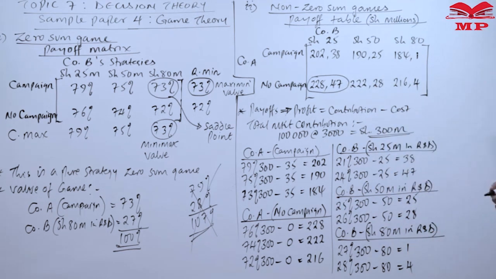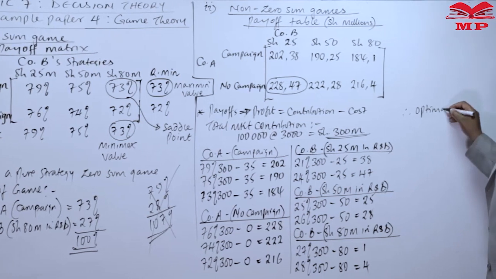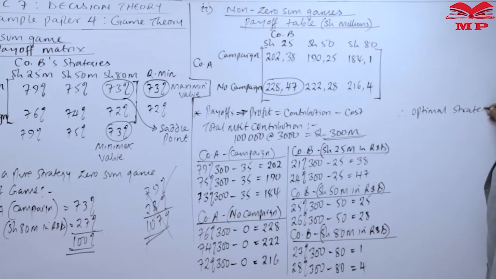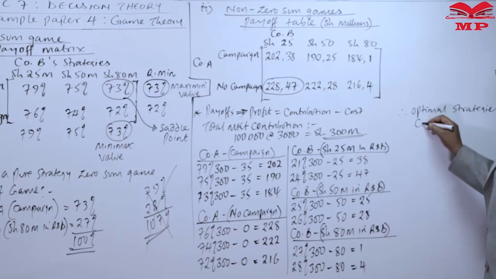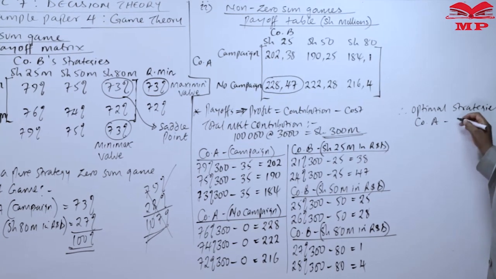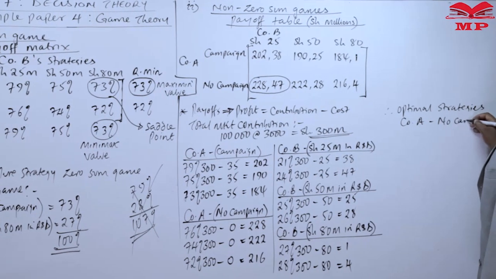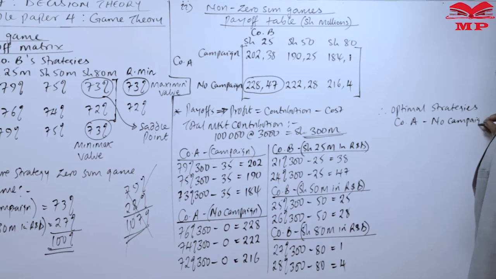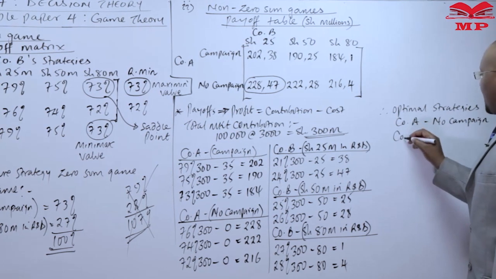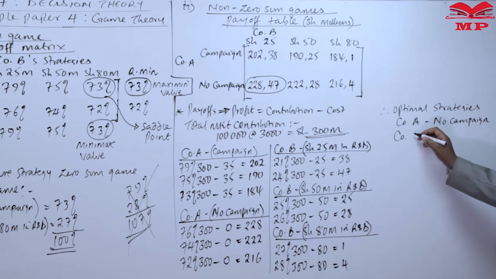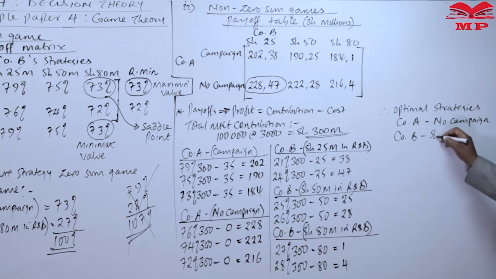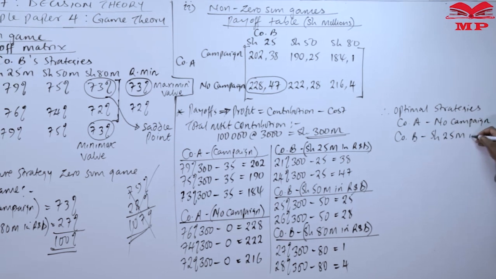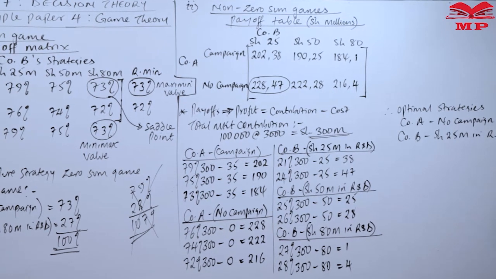And therefore, what is our conclusion? This is going to be our conclusion, that the optimal strategy is where company A will not conduct any vigorous campaign, and company B will invest shillings 25 million in R&D.